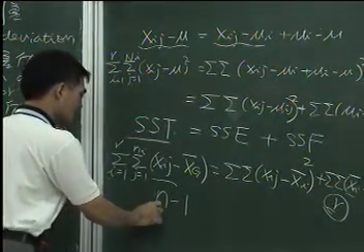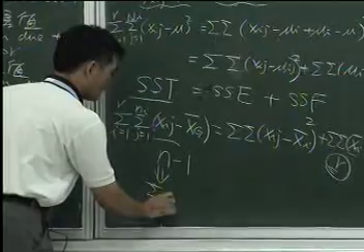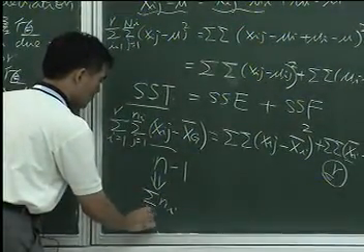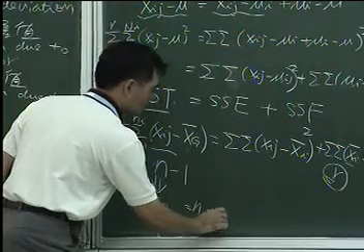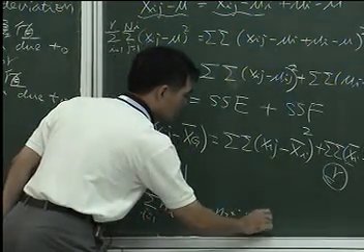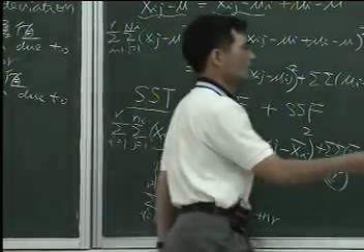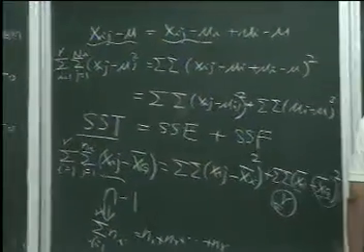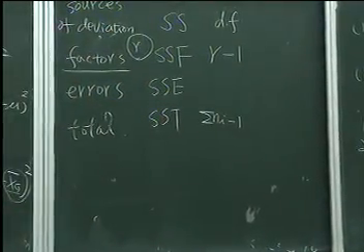And what is n? n is the summation of n_i, i from 1 to r, which is n1 plus n2 plus up to nr. So here the degrees of freedom is the summation of n_i minus 1.